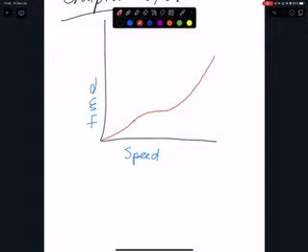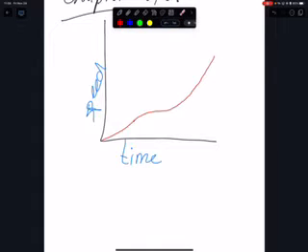So, you're driving at a certain speed, or let's put it the way you guys learned it best. Let's place time there. Speed there. You are in your car.